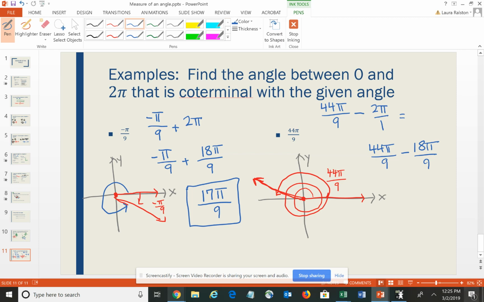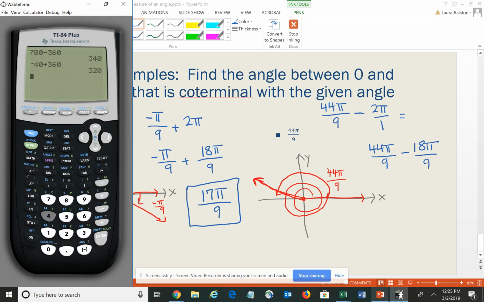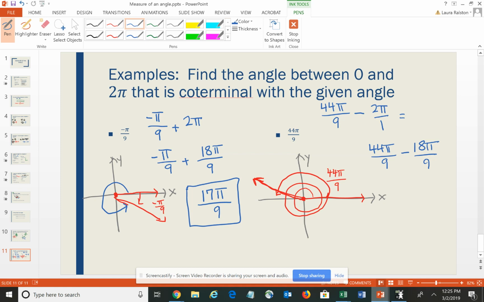Get your calculator. 44 minus 18 gives me 26 pi ninths. That's still more than a full revolution. That's still more than 2 pi. So I'm going to subtract 2 pi again. So I do 26 pi ninths minus 18 pi ninths, which gives me 8 pi ninths. So ultimately, my answer is 8 pi ninths.